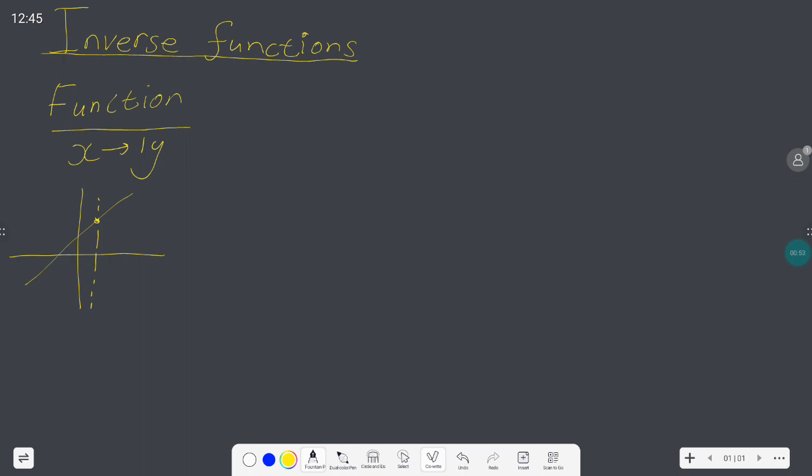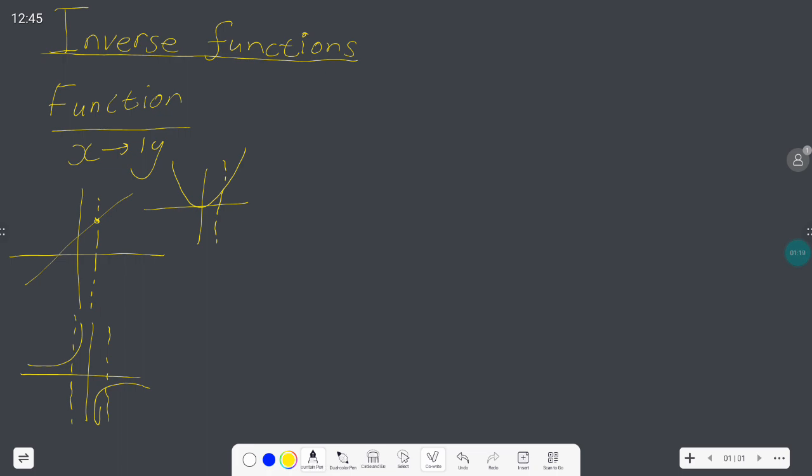Another one that is actually a function is my parabola, because you only touch it once if you draw a vertical line. Another example, hyperbola. With the exception of my asymptotes, I only have one point where it crosses.